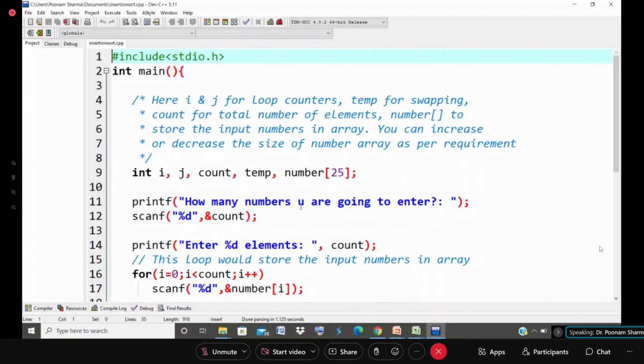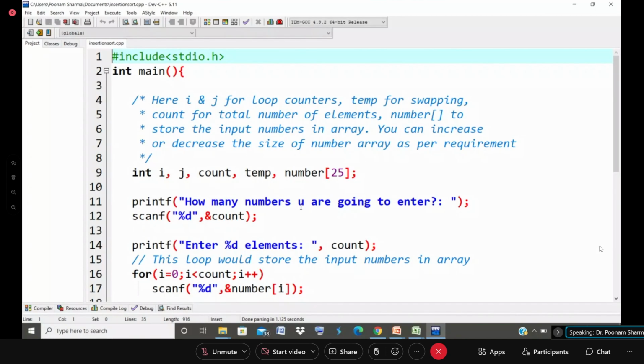Basically, I will repeat what I just explained. We have three things to be done in this insertion sort. Why I am explaining the three different things in case of bubble sort and insertion sort is because if a question comes where you are not directly required to use insertion sort or bubble sort, but you are required to do something like sorting in some other way, then you should be able to use that module, what this module is doing.